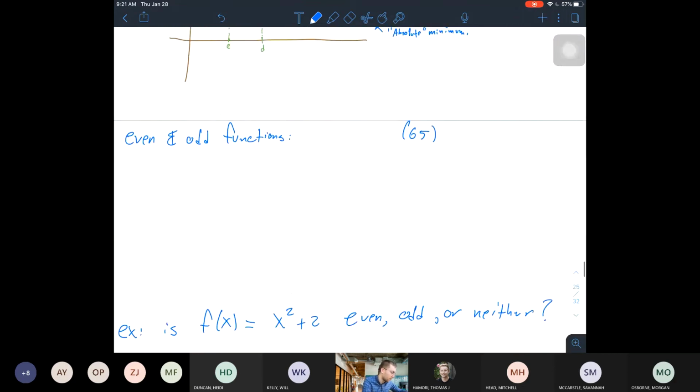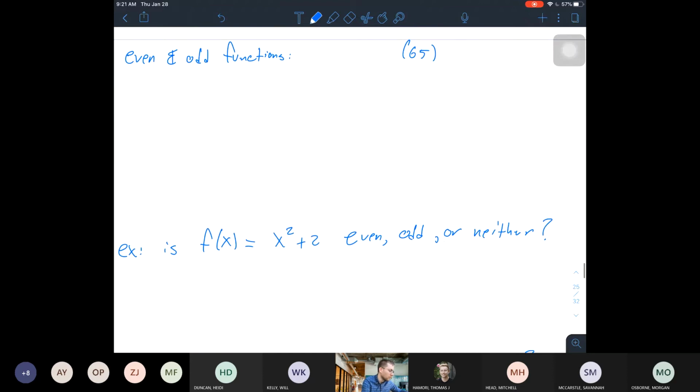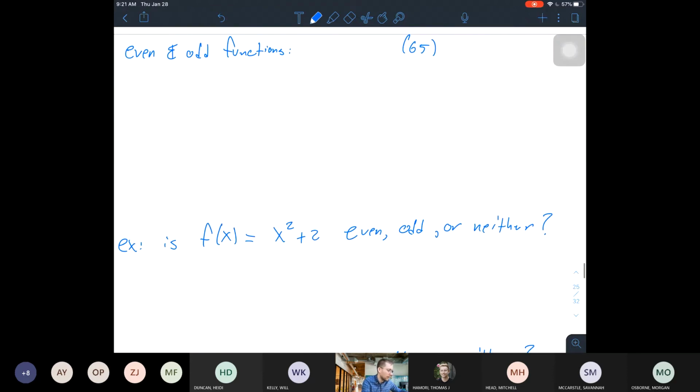Okay, now, when we talk about even and odd functions, we have a very, very different idea of what even and odd mean than when we talk about even and odd numbers, right?